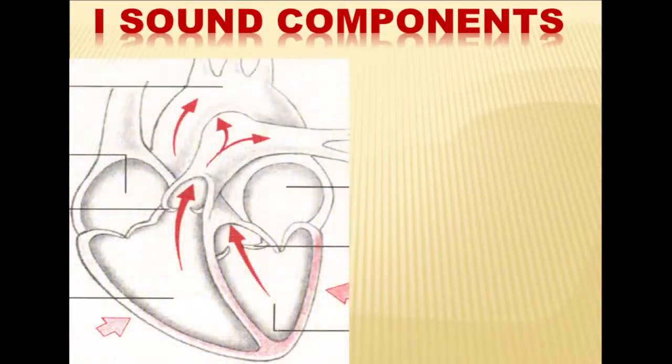To characterize heart sound, we must remember and study mechanism of the formation. And first of all, you must understand what do you hear during systolic or during diastolic period.